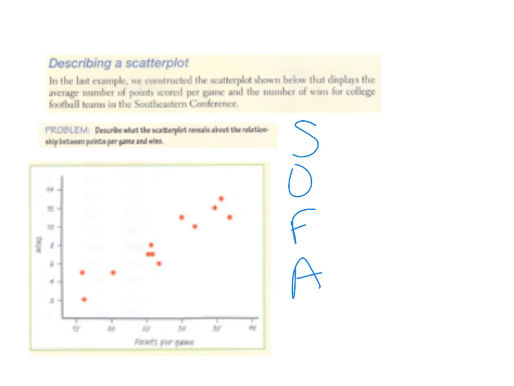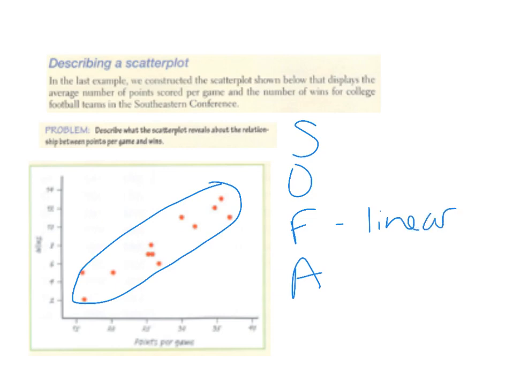If we look at this, basically our form is linear. I would say that the strength of this is fairly strong. There don't really appear to be any outliers. It stays in a pretty good linear pattern.